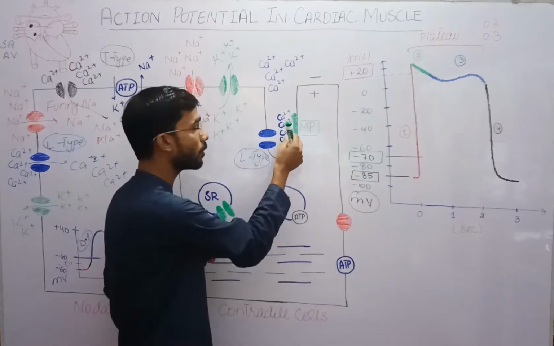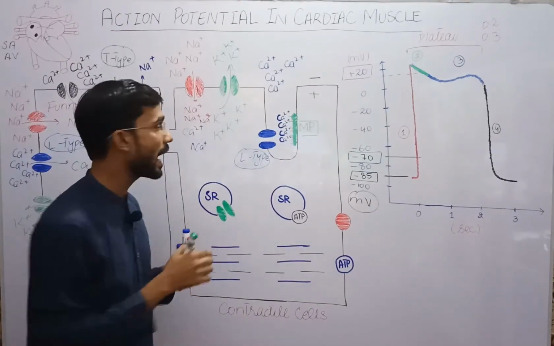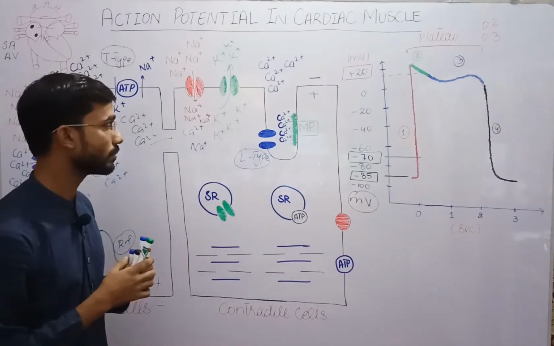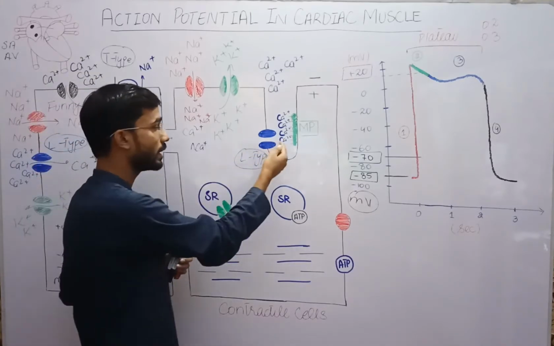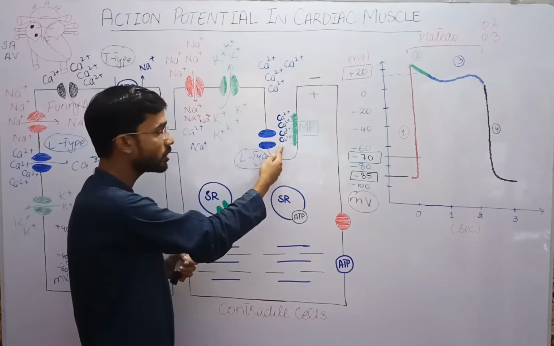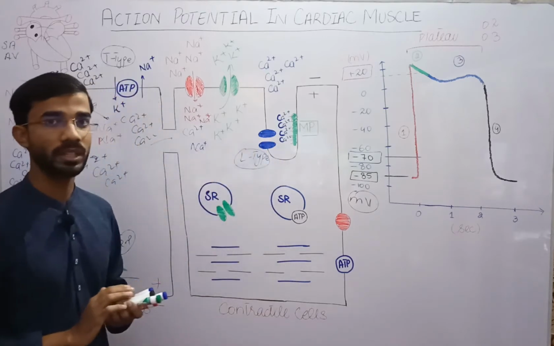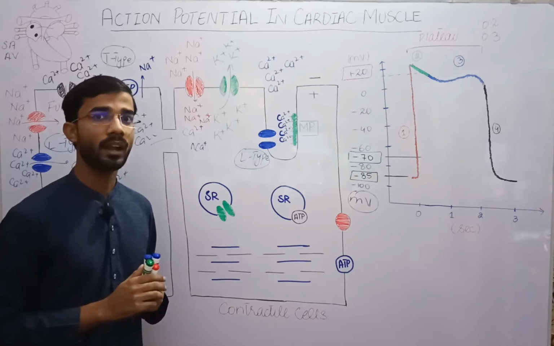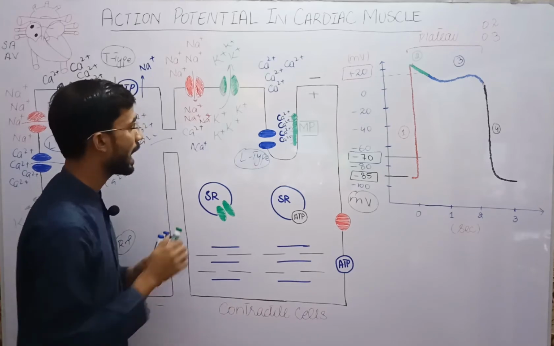The mucopolysaccharides have a negative charge and calcium a positive charge, and they are bound together. When required, calcium detaches from the mucopolysaccharide and moves inside the cell. This is an exception which is present only in the cardiac muscles.